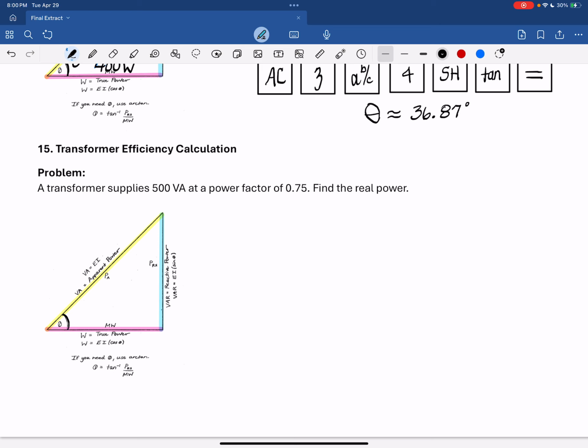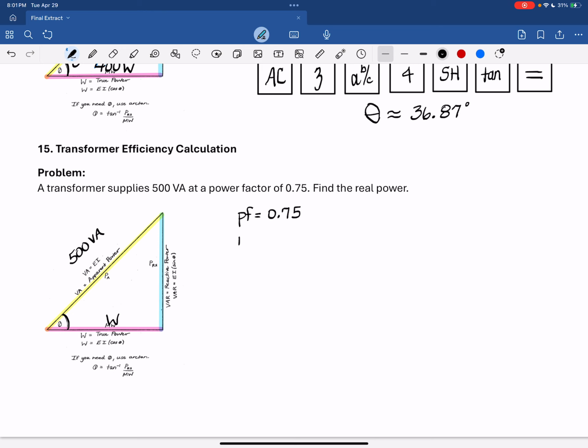So let's read our problem. A transformer supplies 500 VA, that's apparent power, at a power factor of 0.75. And we are supposed to find the real power. We want to find the W.